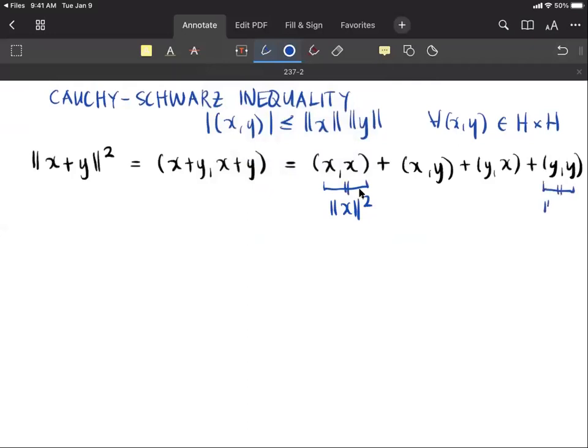I'm saying already that this is a norm, but we're still verifying it; for simplicity, let me call it a norm now. And this is, by symmetry, the conjugate of the inner product of x, y. So we end up with the following equation: norm squared plus, if you take the sum of a complex number with its conjugate, you end up with twice the real part.